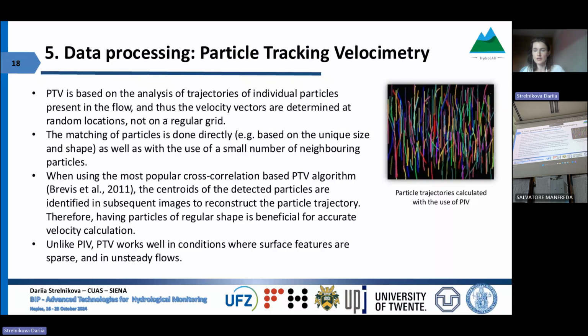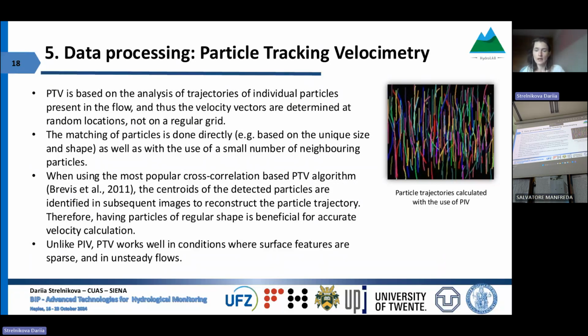And because of that, it means that the centroids of particles are being considered as the reference points for determining what is the start and end location of the traceable particle. For that reason, if the particles have very irregular shapes, it may be that the trajectories are not recorded correctly. And it's very beneficial when using PTV to use particles of regular shape.